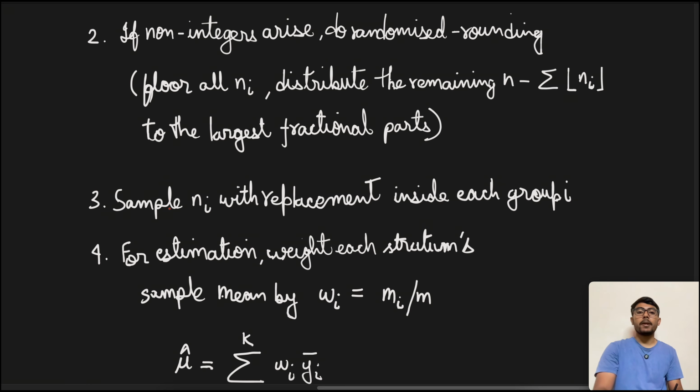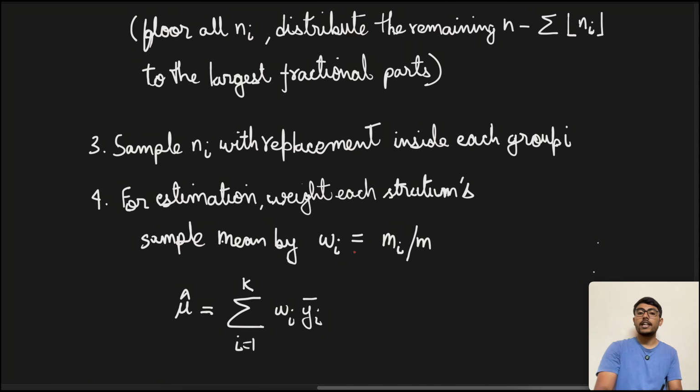Then we sample Ni with replacement inside each group i, because this needs to be a proportional measure, hence we will do the sampling with replacement inside the group. For estimation, weight each stratum's sample mean by Wi equals mi over m, which is just the scaling factor, nothing else.